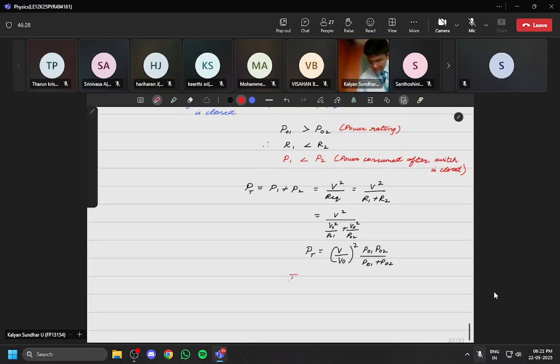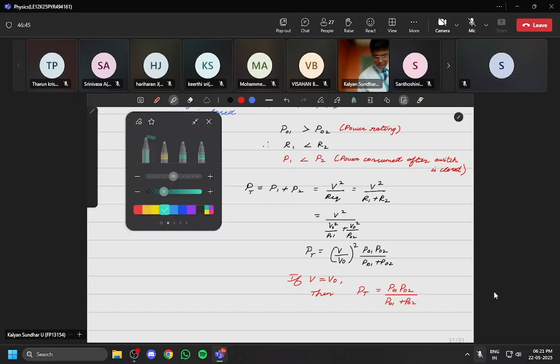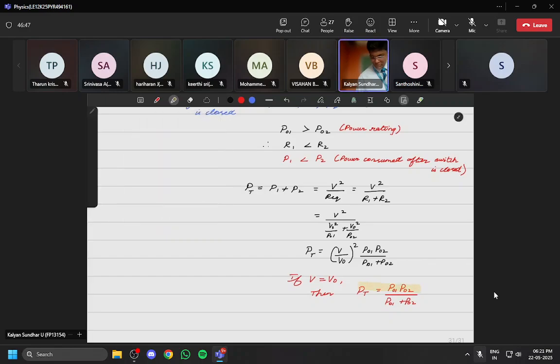If your V is equal to V0, then your P will be equal to P01 P02 divided by P01 plus P02. So this is your P equivalent when you are connected in series.